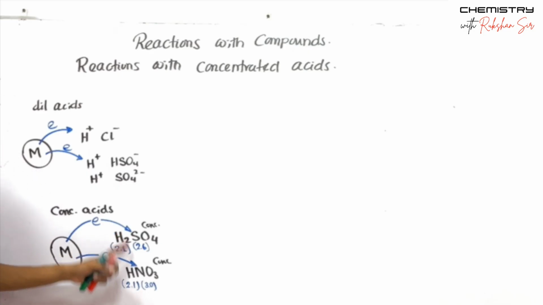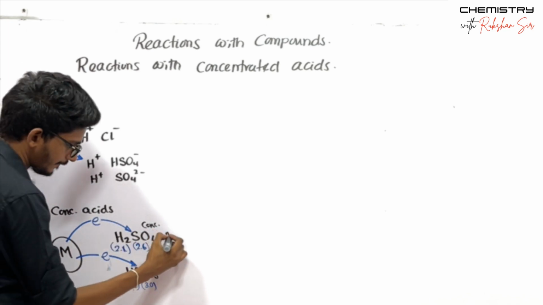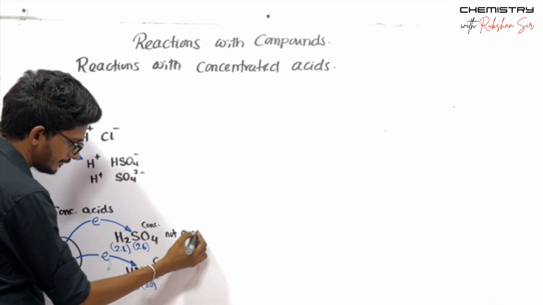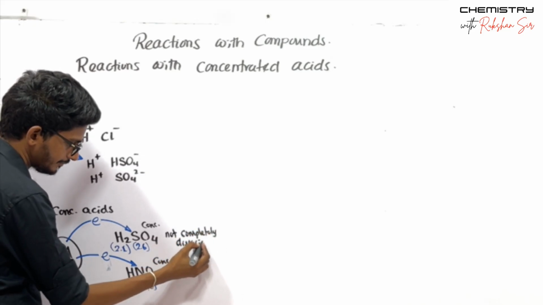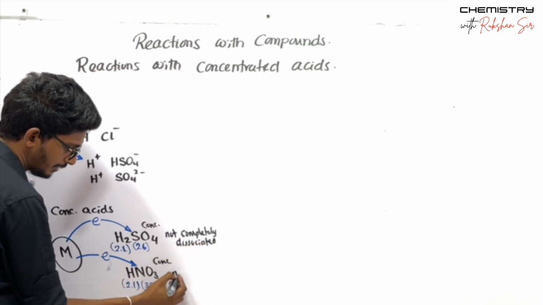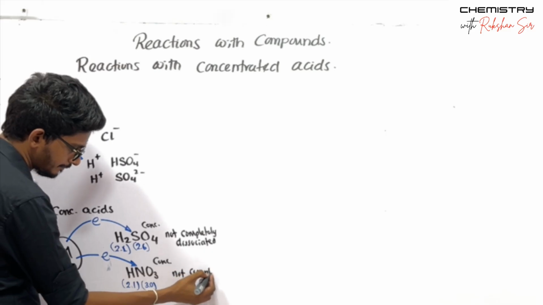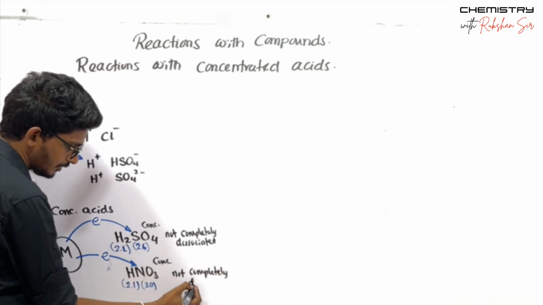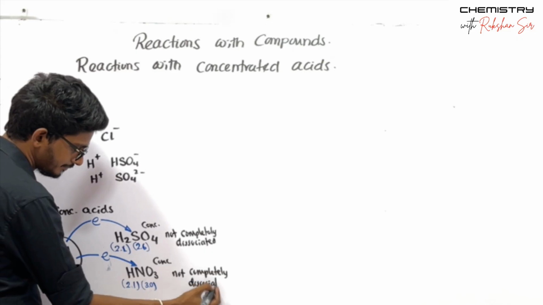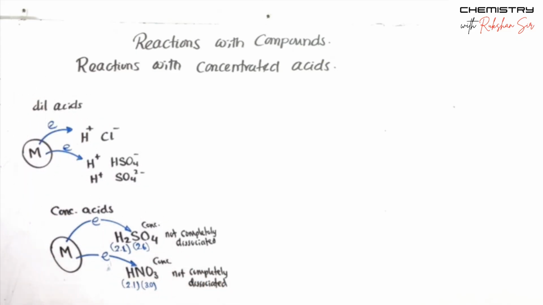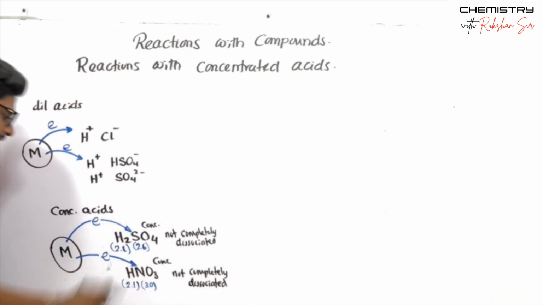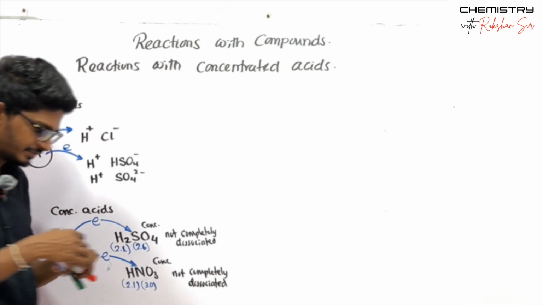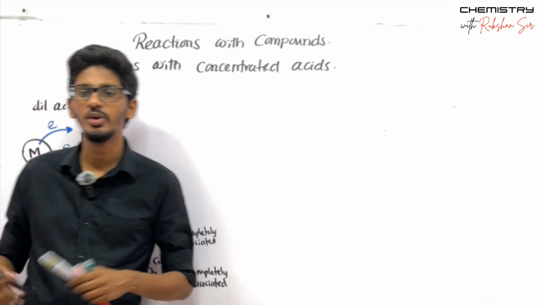As I said, these are not completely dissociated with conc acids. Actually, these OH bonds of sulfuric as well as nitric are covalent.